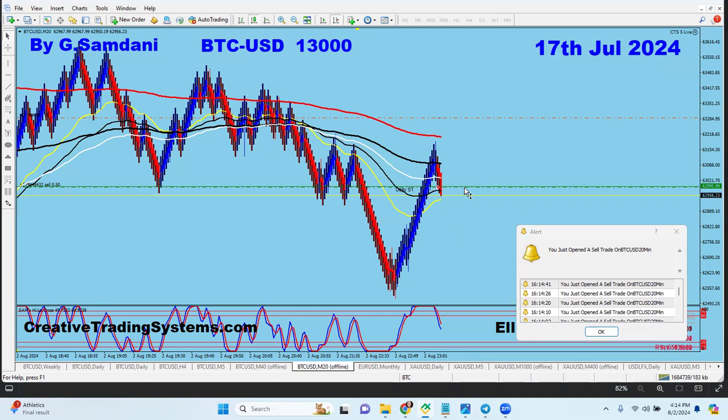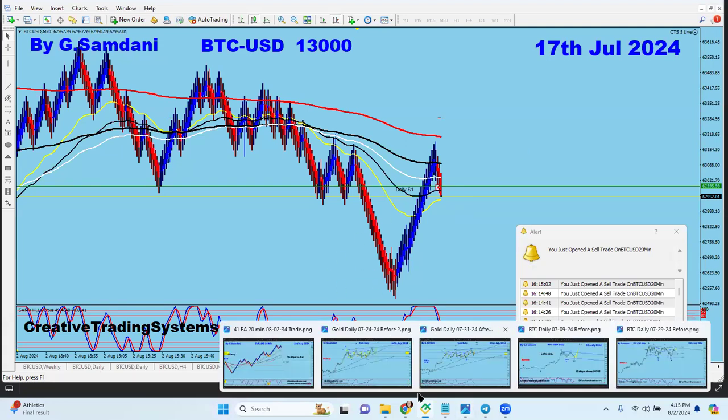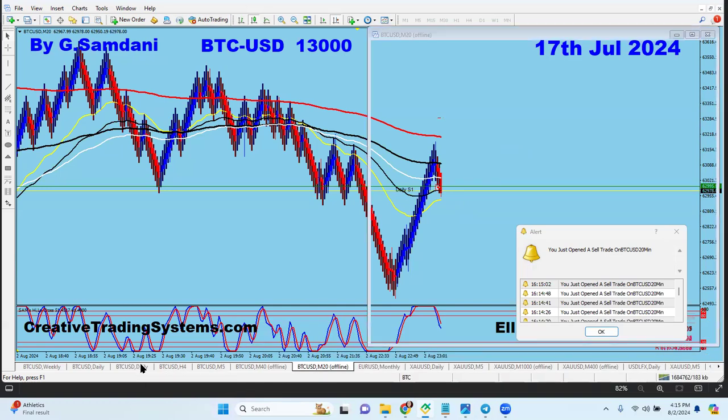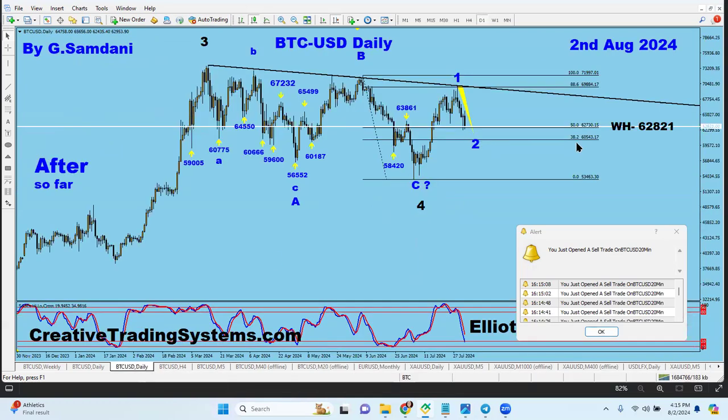So it not only opened the trade, but it beeps also, right? But I don't want it because Friday is very dangerous. I'm going to close it and bye. It was a little bit of profit, so no big deal. But it might drop a little bit more, might not. But Friday is very shaky and NFP is already done, so I don't want to take more chances. So this is how it is. It is all the way down here, and it may go down to 38%.